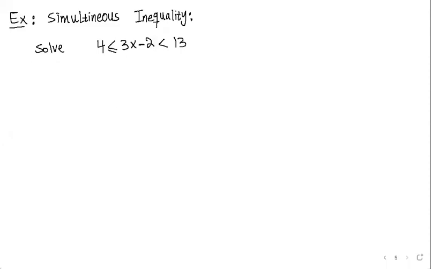If it's simultaneous, don't you have to do it to both sides? Yes, exactly. We have to do it for both sides. This means if I want to add, I have to add for both sides. If I want to subtract, I have to subtract for both sides.